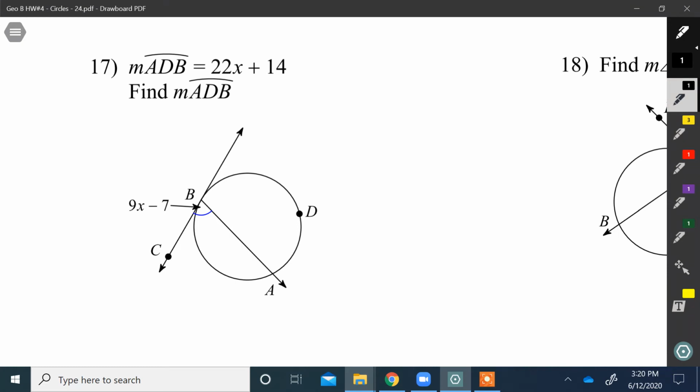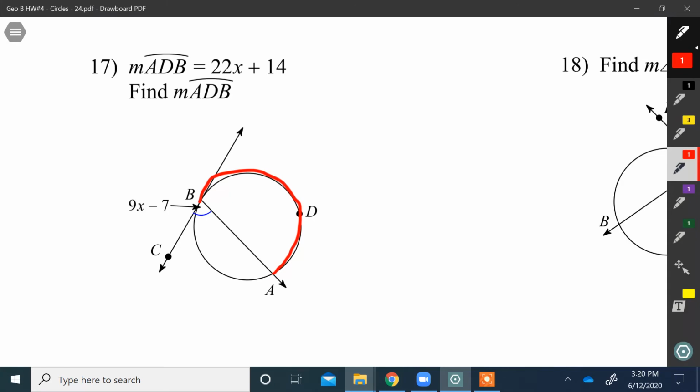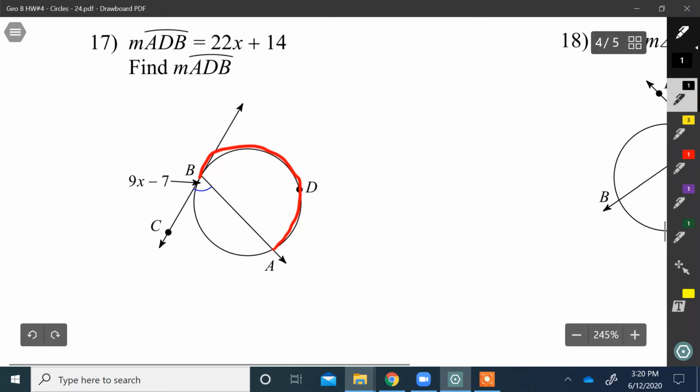So you're going to be finding this right here, A, D, B. Okay? ADB. So how are we gonna do that? That's interesting.